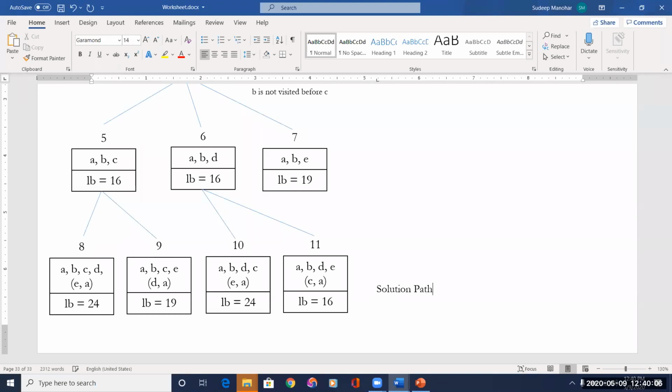So finally we can write the solution like this. The minimum cost path is ABDECA, which is specified in node number 11, with a cost of 16.